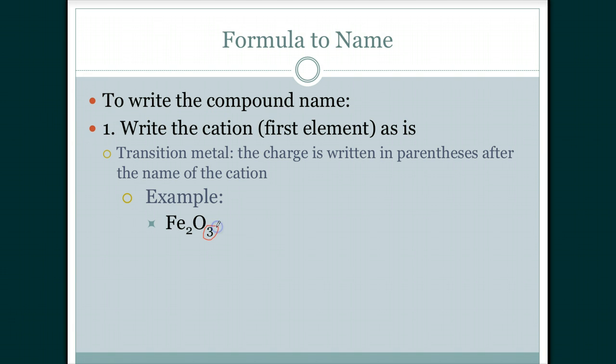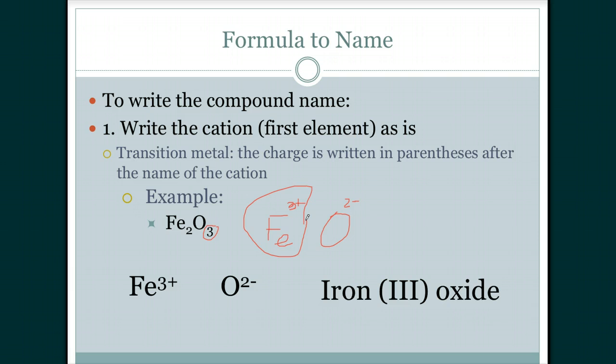We crisscrossed: we had iron and oxygen, and oxygen had a negative 2, and then iron would have a positive 3. Because of this, I know that this is going to be iron(III) oxide. So that's how I'm naming it, by just looking at the formula.